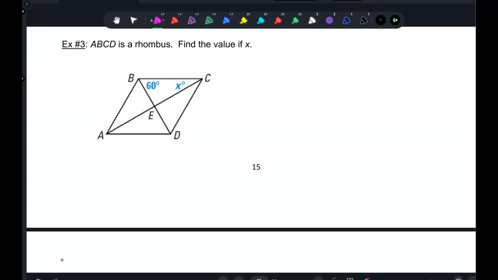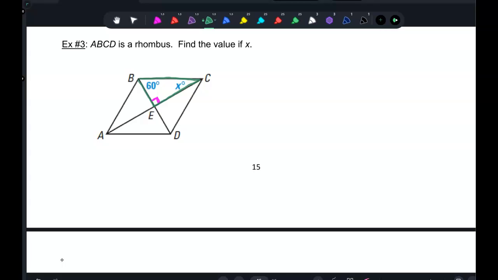Okay, ABCD is a rhombus. Find the value of x. So remember what I just told you, that there are right angles in here. If I focus in on this triangle inside of the rhombus, remember, a triangle always adds up to 180 degrees.